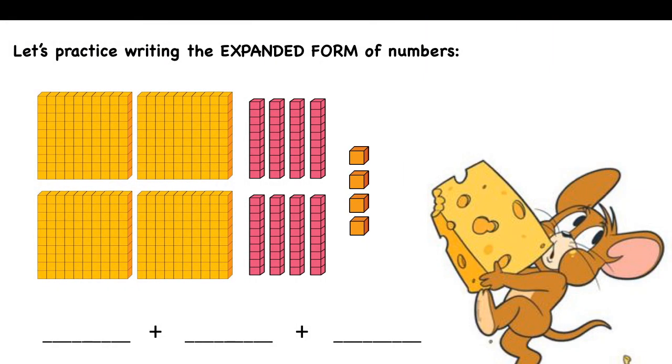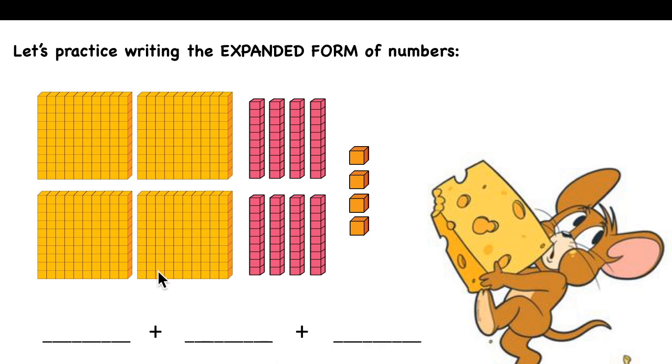Let's practice how we will do the expanded form. Do you understand what the expanded form is? It's an addition sentence that shows adding hundreds separately, tens separately, and ones separately. You add them together, but hundreds first, tens next, and ones last.